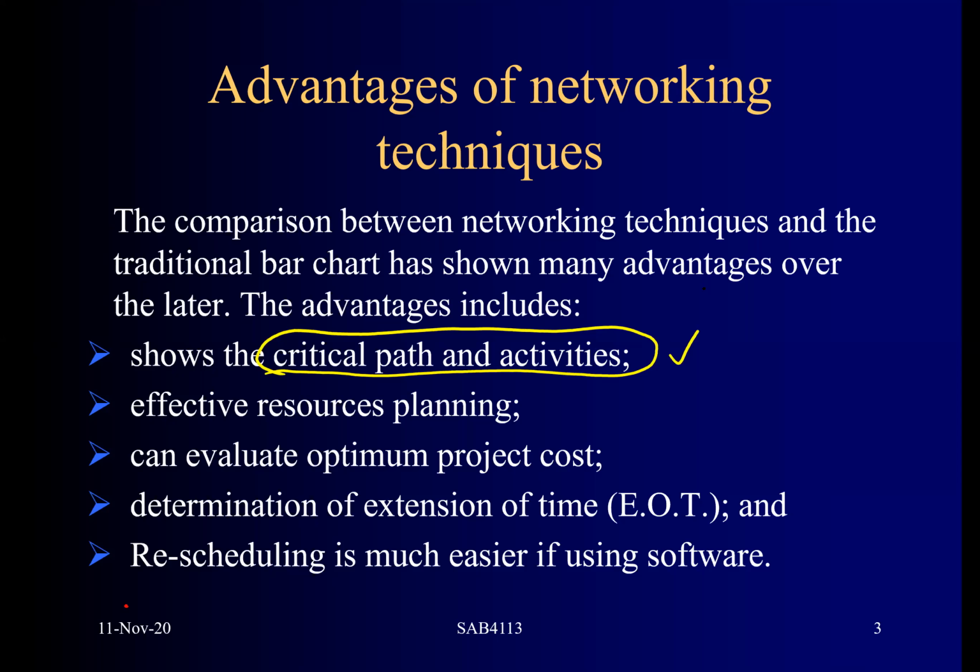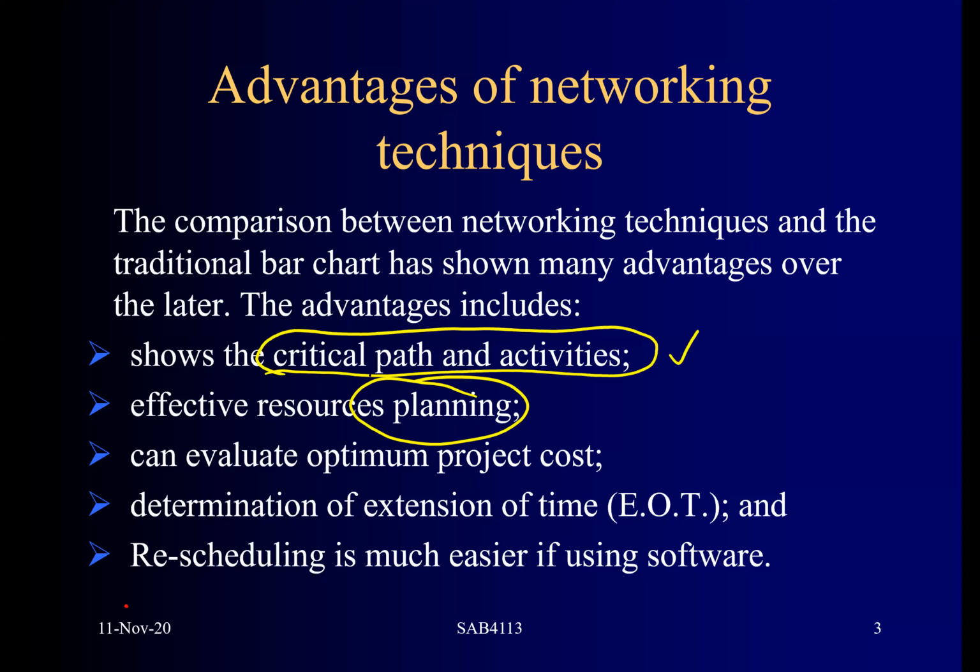Without a network diagram, we do not know what the critical activities are and what the non-critical activities are. Why do we need to know critical activities, especially with regard to resource planning?